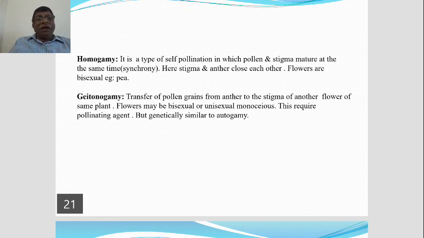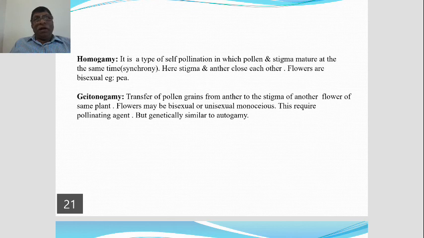Now, for this purpose, the flowers are unisexual, monoecious.